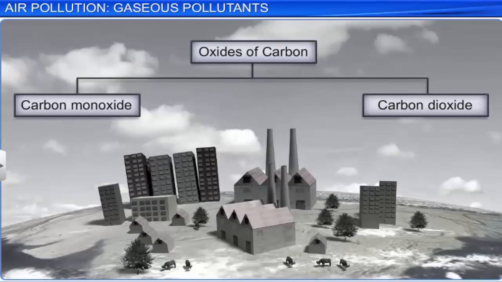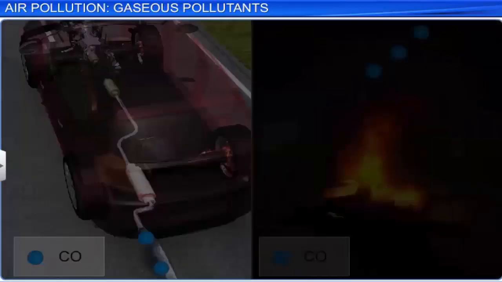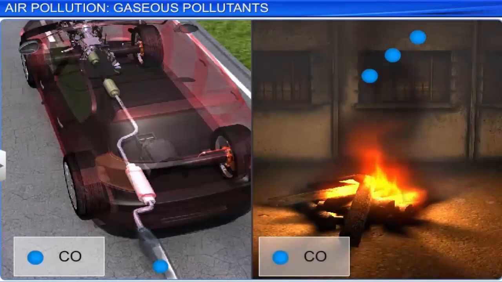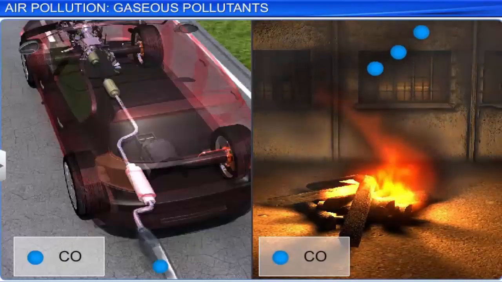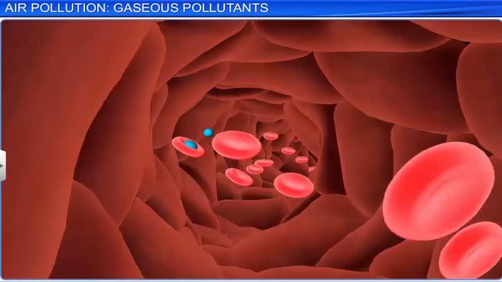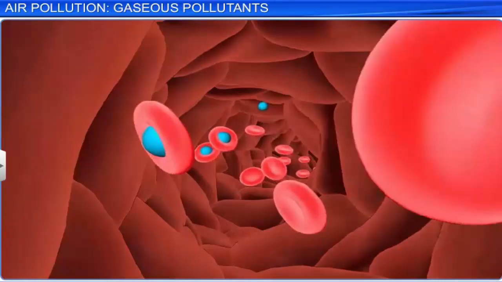Other major gas pollutants are the oxides of carbon, namely carbon monoxide and carbon dioxide. Carbon monoxide is produced by automobile exhaust and incomplete combustion of fossil fuels. This highly poisonous gas combines with hemoglobin in blood, forming carboxyhemoglobin.